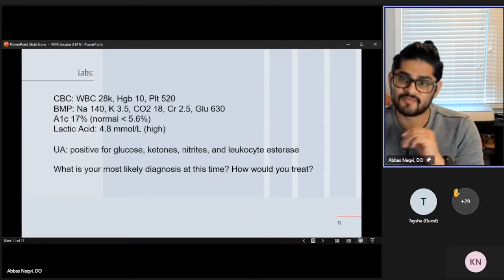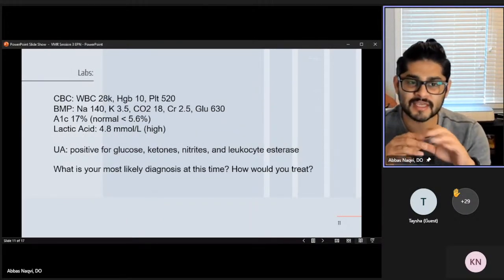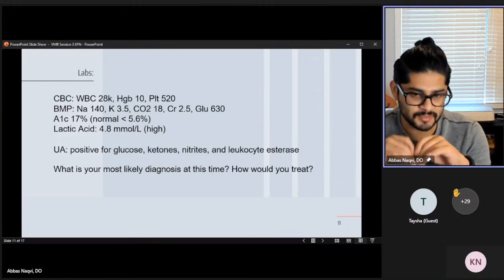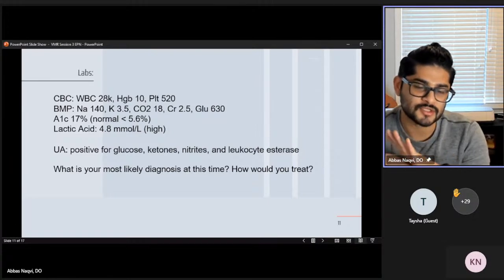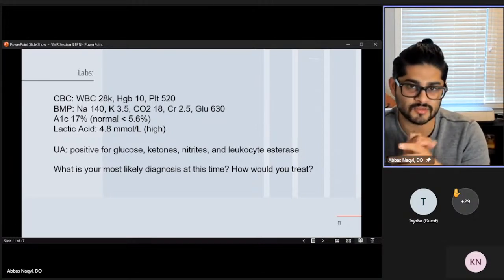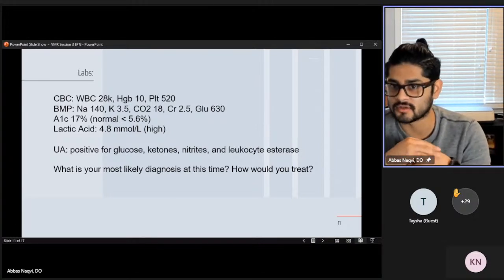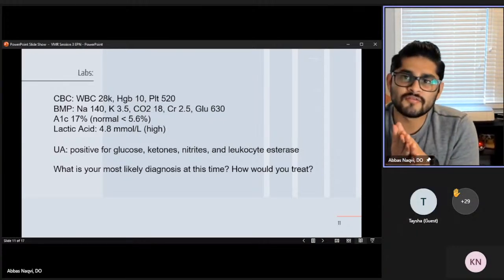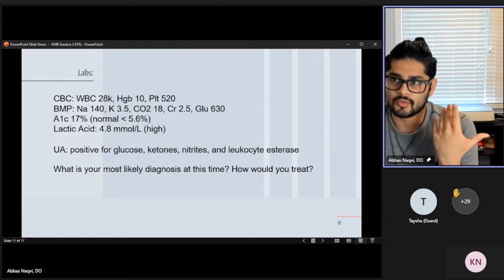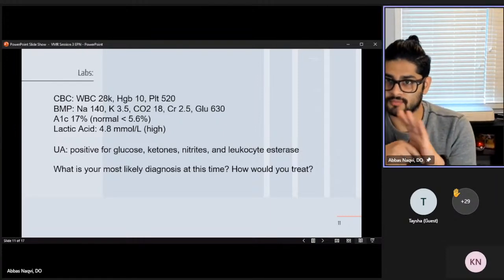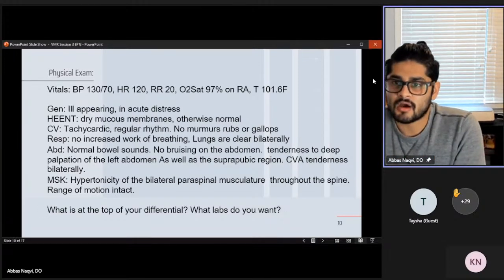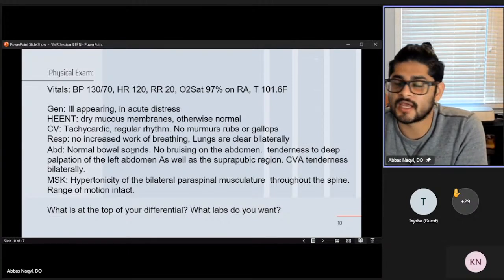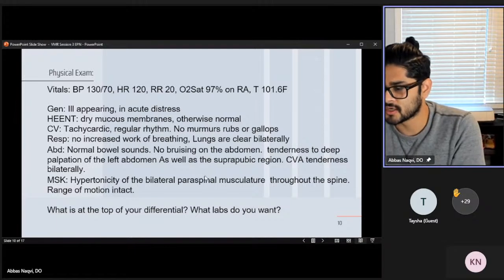There are other lab values, and this is getting a bit more into pathophysiology, and it's becoming a bit more complex. So if you don't understand something, that's okay. You can ask me, I'll try to explain it. But basically, when you have an overwhelming process going on in your body, she is tachycardic. Her blood pressure may be low for her. She's not able to really perfuse things very well.